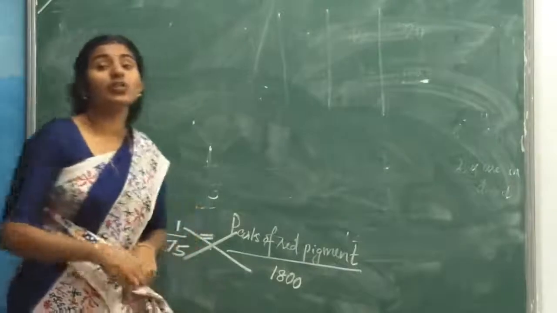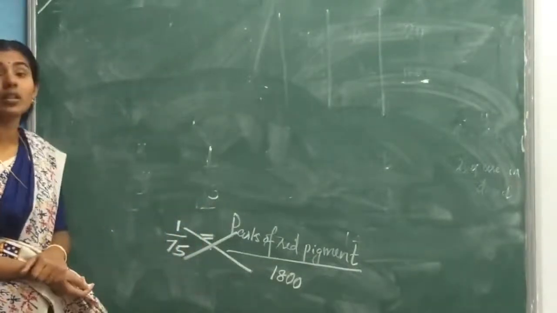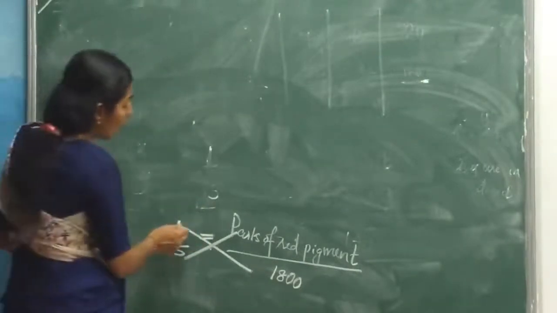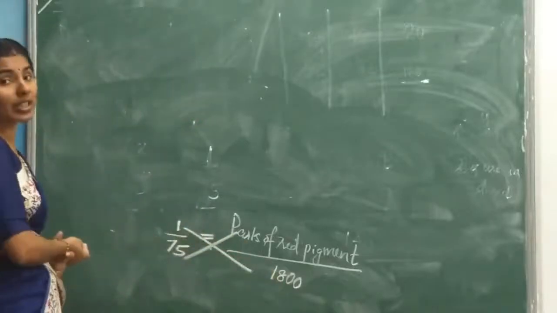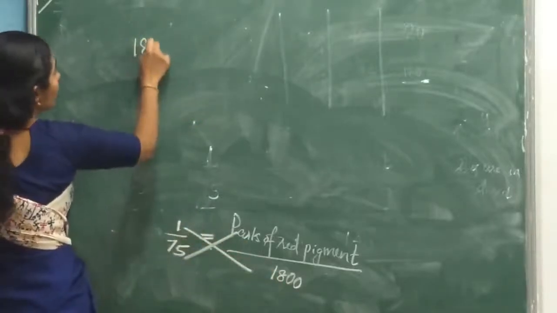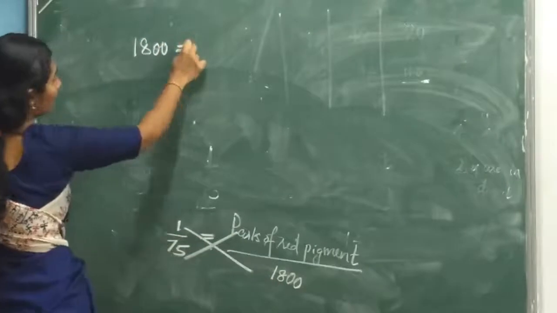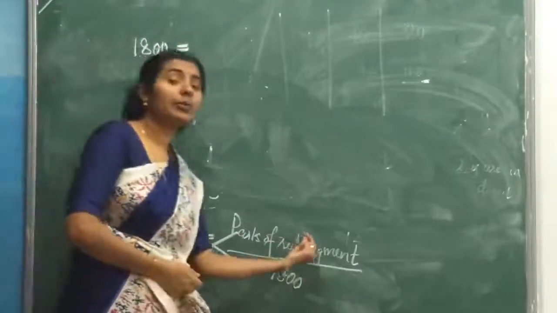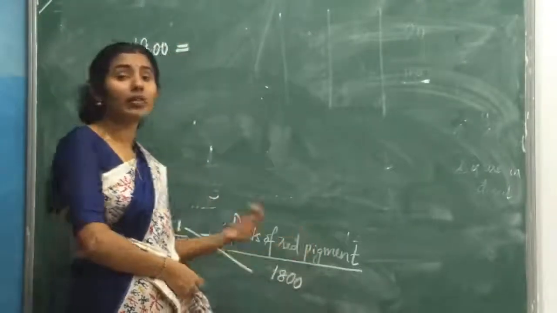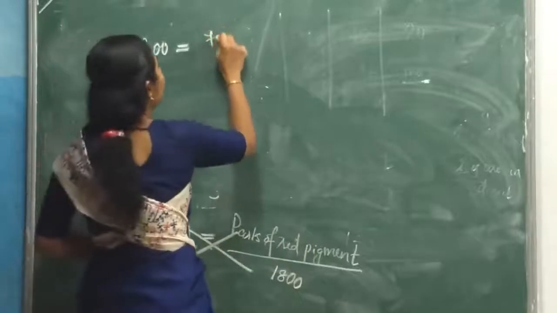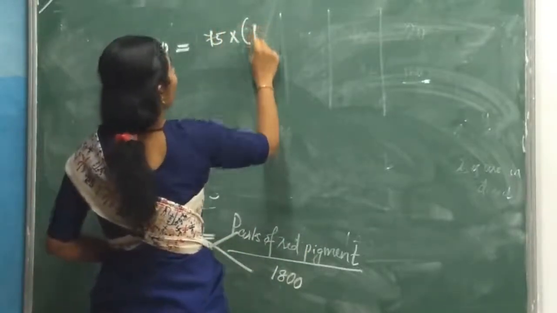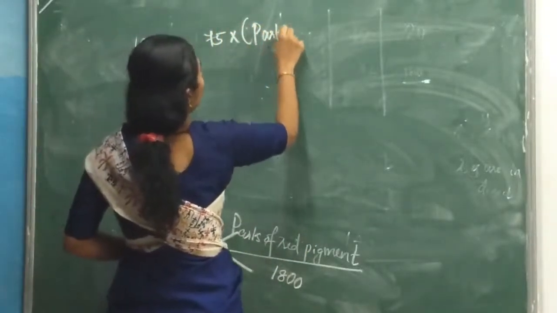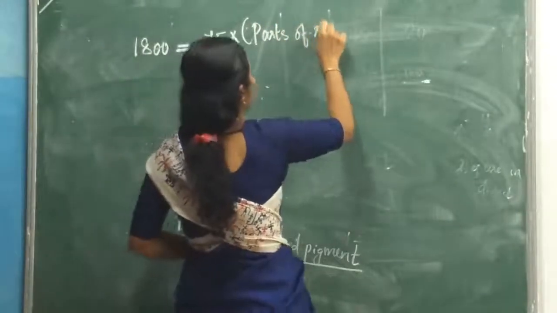Now we see, when I cross multiply the numbers, what will you get? 1 multiplied by 1800. What is that? 1800. 75 multiplied with this one. So what will you get? 75 multiplied with the parts of red pigment.